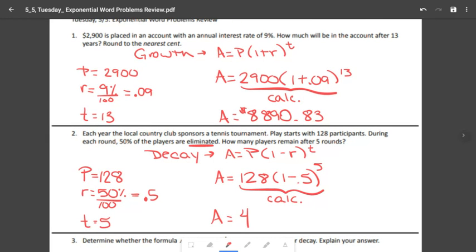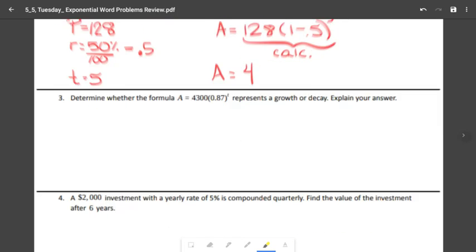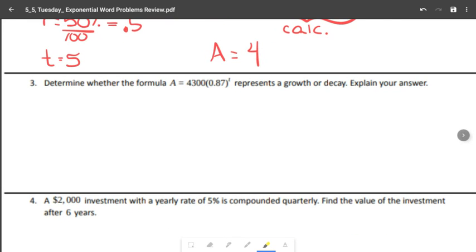And if we look back, the difference between them is in growth, we are doing 1 plus R. And in decay, we are doing 1 minus R. So for growth, the 1 plus R means that that number is going to be greater than 1. If I'm adding something to 1, I'm going to become bigger than 1.